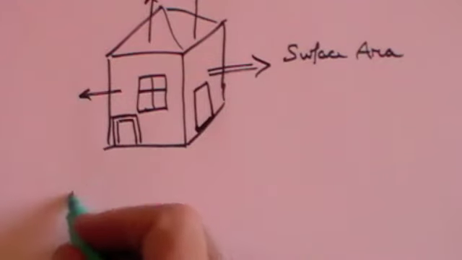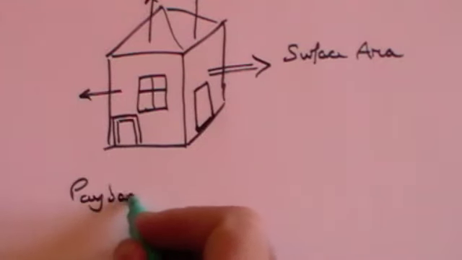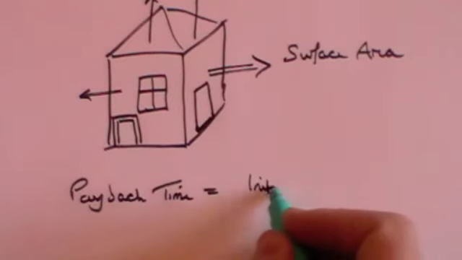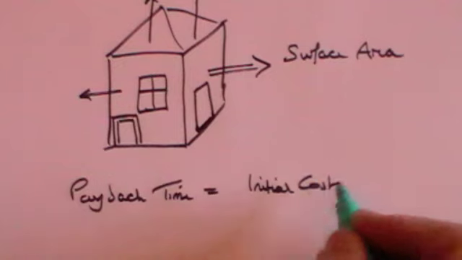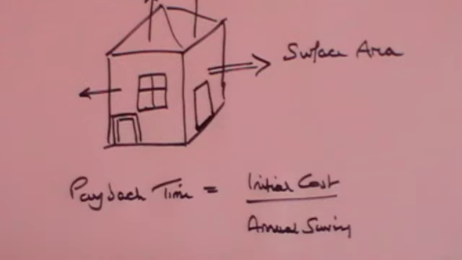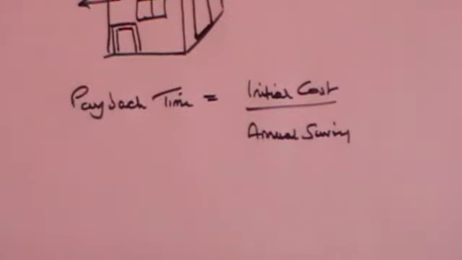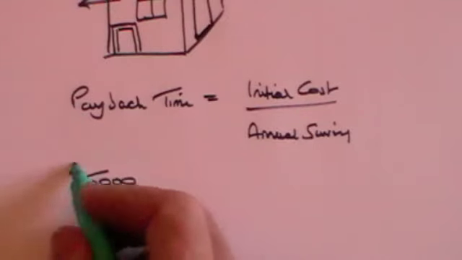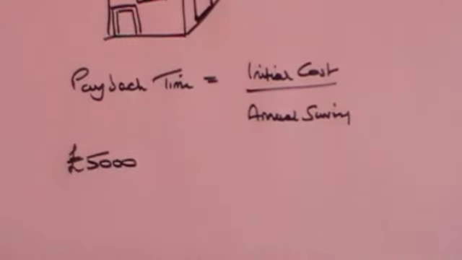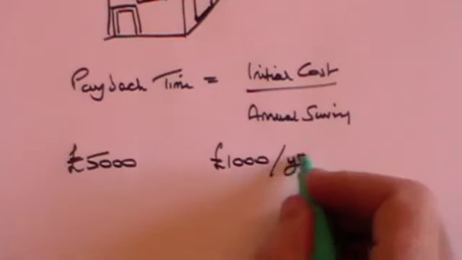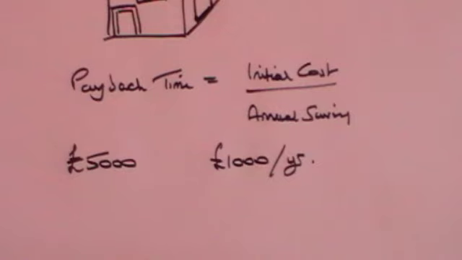And as we've already said, we've got this idea of the payback time is equal to the initial cost divided by the annual saving. So let's suppose that the initial cost of all these things was £5,000, but you got a £1,000 saving per year in your electricity bill.